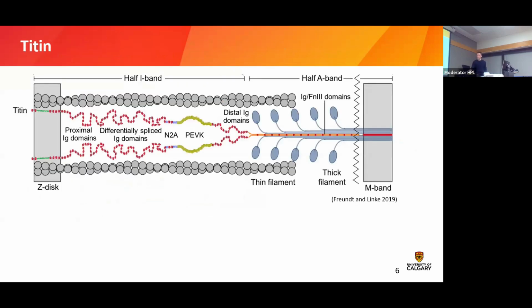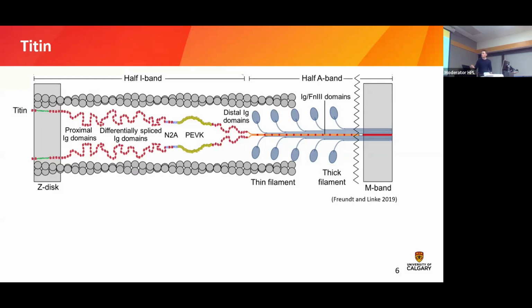Okay, so let's look at the components of Titin and think about how this works. There's 4 regions here. The first is the proximal immunoglobulin domains. And it says differentially spliced. That's just because in different muscle tissues, there's different numbers of them. Then we have the N2A region, which is primarily involved in signaling.